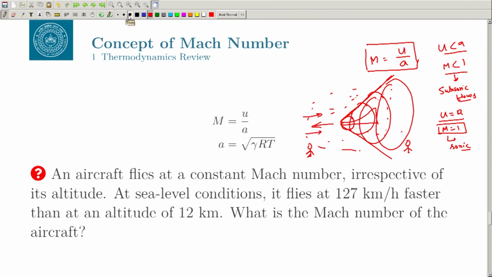In that case, what will happen is that you may experience a shock, okay, in this region here. Okay. So, you might experience a shock, and this has very interesting phenomena when the Mach number is greater than 1, right. So, in this case u is greater than a. So, Mach is greater than 1 and this situation is called supersonic.